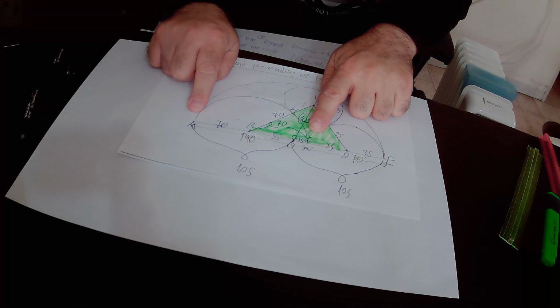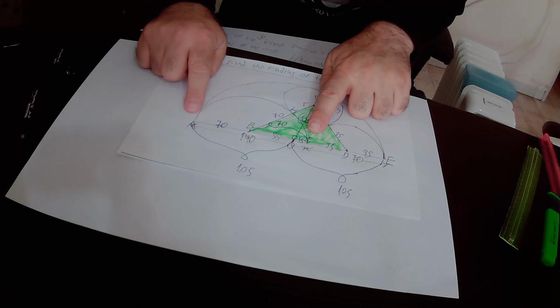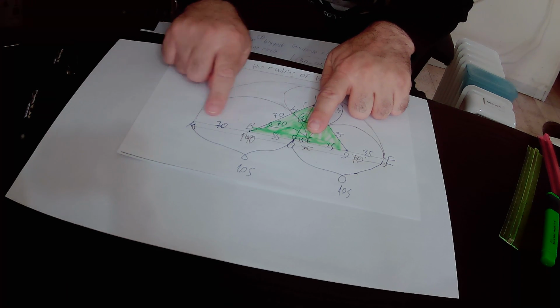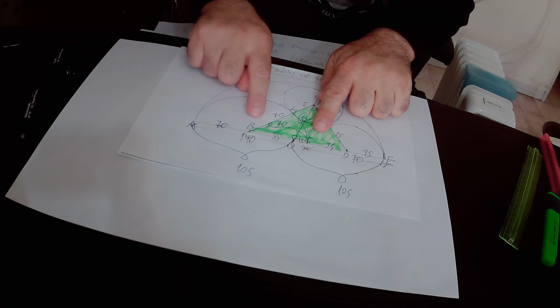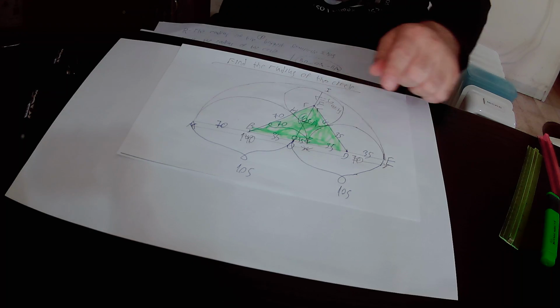AC is the diameter of this semicircle, and therefore the radius must be half of it. That is to say, the radius of this semicircle must be 140 over 2, that is 70 units. So the radius AB equals 70 units, and the radius BC equals 70 units in length.